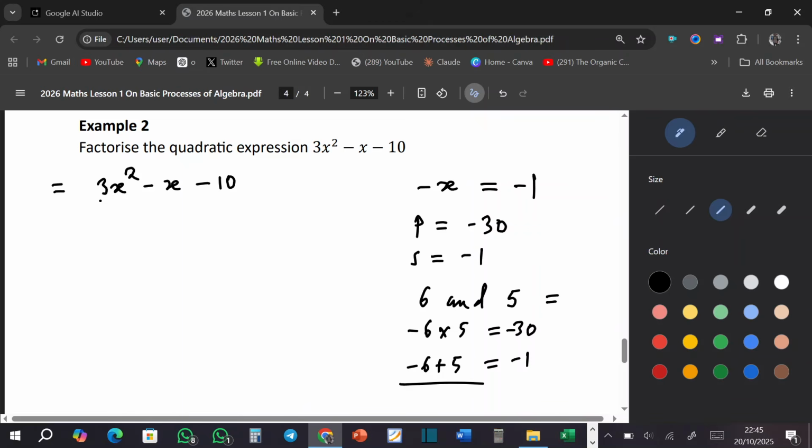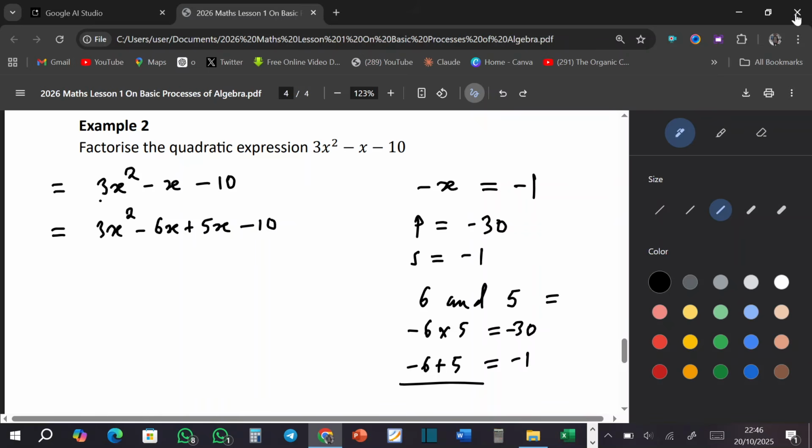So you can substitute them here where you say 3x squared, you put this one minus 6x plus 5x, then minus 10, meaning that this has been represented by that.